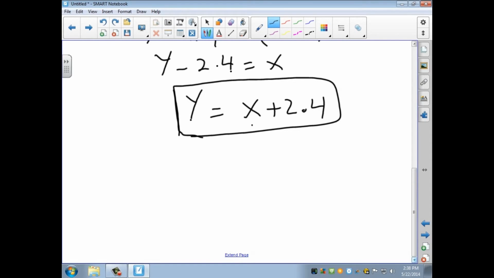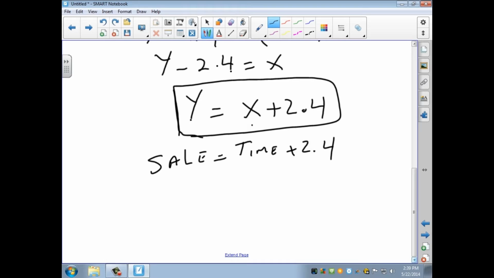If I want to convert this into sales and time, sales, which is Y, is equal to time plus 2.4. Time plus 2.4.